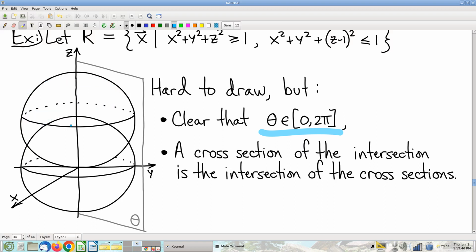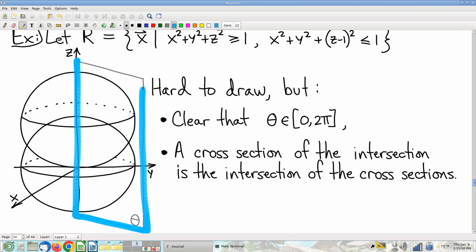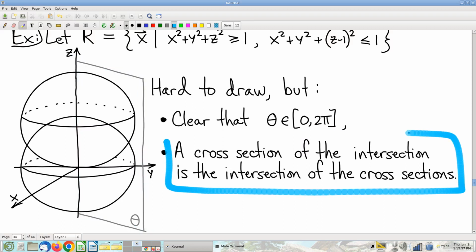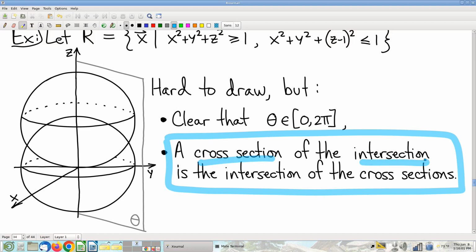But from there then, if I want to take this cross section of my solid, I'm going to use this clever observation here. And that is, if you're taking a cross-section of an intersection, you can instead look at the intersection of the individual cross-sections. So let's talk about this. What are the individual cross-sections?